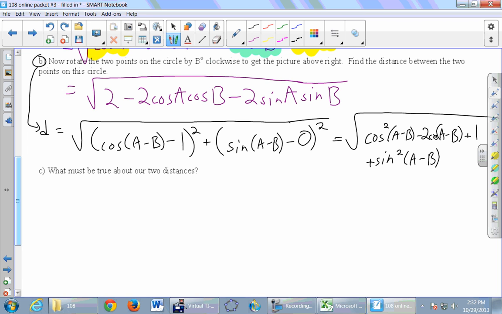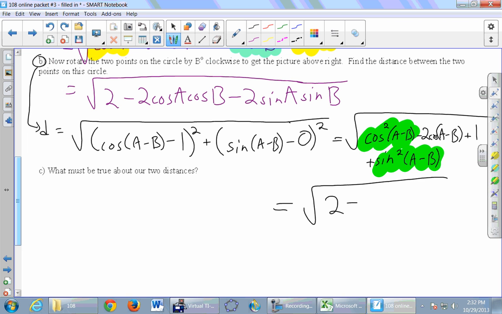And that's all under the square root, and then a good thing happens here because cosine squared of an angle plus sine squared of exactly the same angle is always 1. So that means this whole thing is the square root of 2 minus 2 cosine of (a minus b). Okay, so we'll stop there. Again, you could factor the 2 if you wanted to.